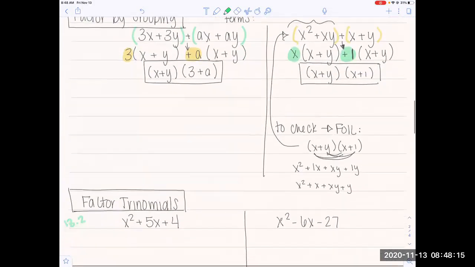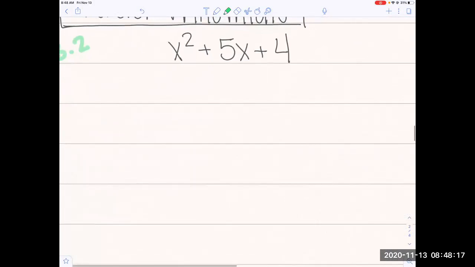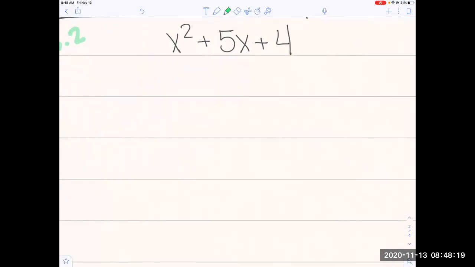And so this first one, factoring a trinomial meaning that it has 3 terms, x squared plus 5x plus 4. And so I told you guys that I would recommend the first thing that you do is write down A, B, and C for all of these. Up until now, I haven't had an A, B, and C because A, B, and C goes specifically with trinomials.